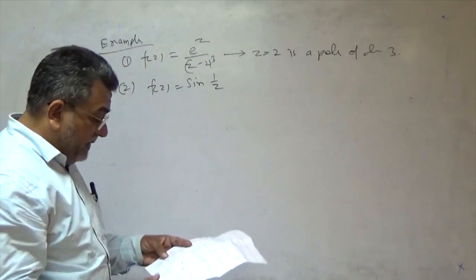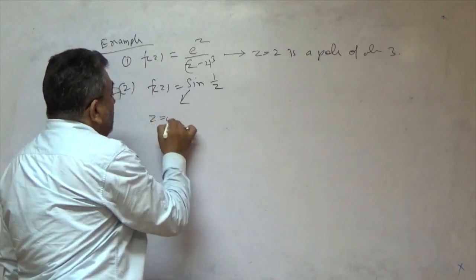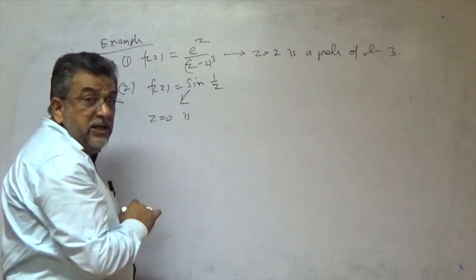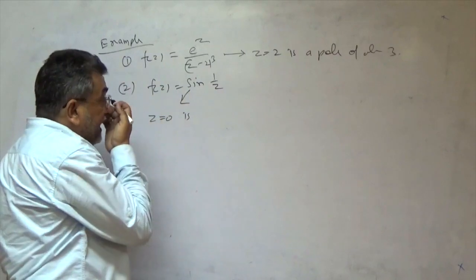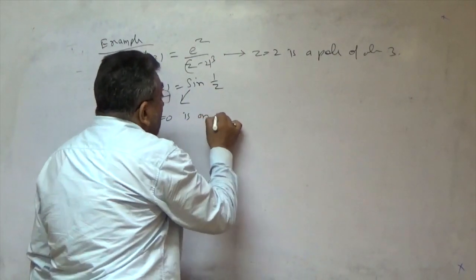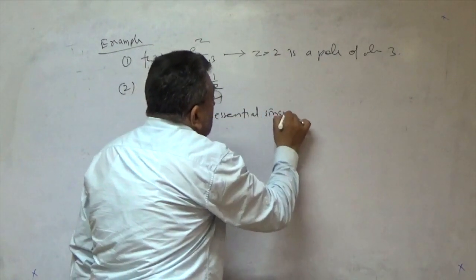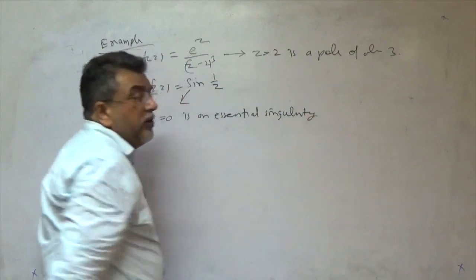And second, if you take the example f(z) equal to sine of 1 upon z. So here you see that z equal to 0 is a singular point, because f(z) tends to infinity and the limit does not exist. This singular point is an essential singularity, right?